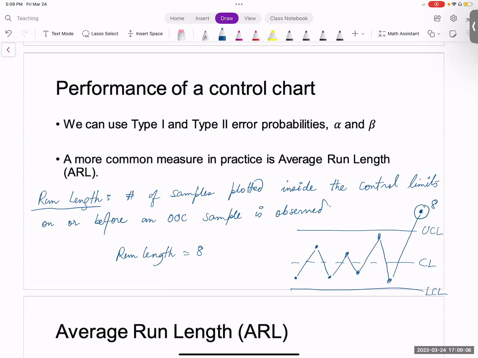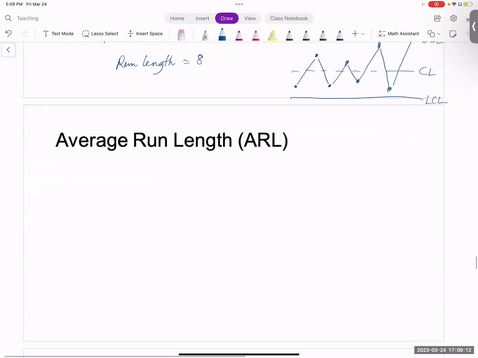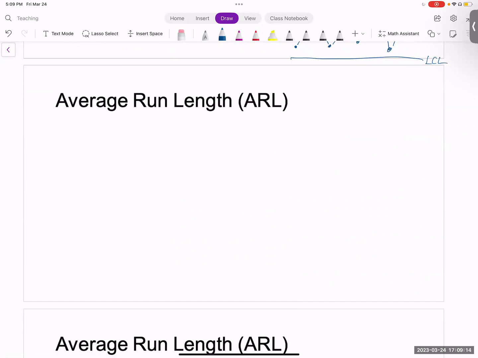Because of this variability in the measurements that we're observing, the run length is also variable. So what we do instead is we compute something called average run length, which is basically the expected value of run length.